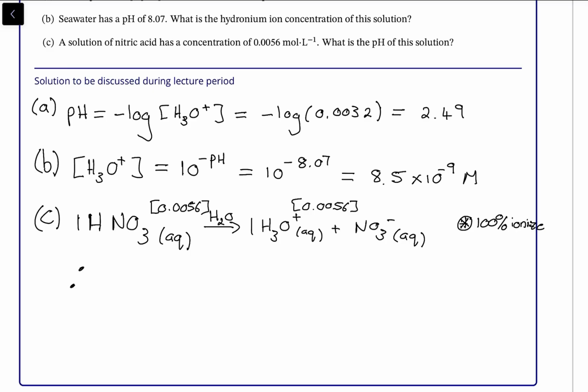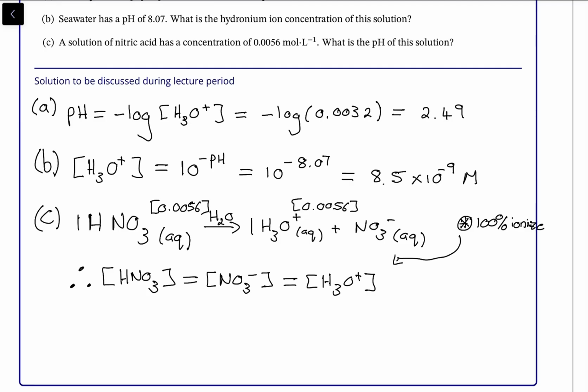So in this case, the concentration of HNO3 is going to be equal to the concentration of NO3 minus, right? It's going to be equal to the concentration of H3O plus, because we get 100% ionization.